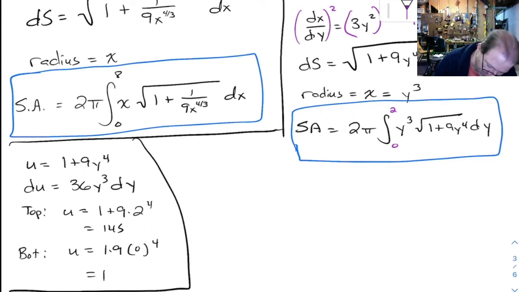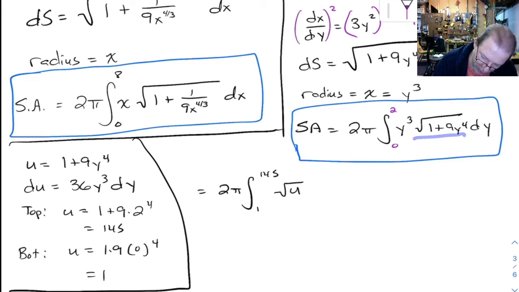So our substitution stuff over there, we've got 2 pi integral from 1 to 145 of, the radical becomes square root of u. And y cubed dy becomes du over 36.